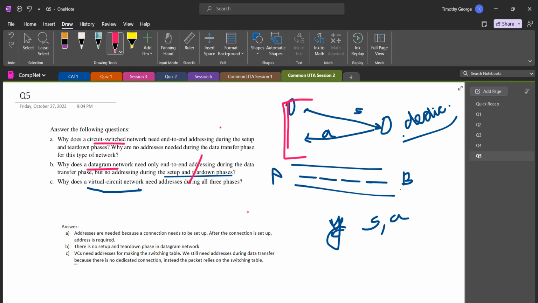Every time you transfer from one switch to another, you need the destination because there is no channel, no fixed road. Virtual circuit is a combination of both, right? So you have setup, so you need the destination for it. And for transfer, it's not a dedicated channel. You still need to know the destination. So you need to have the address.